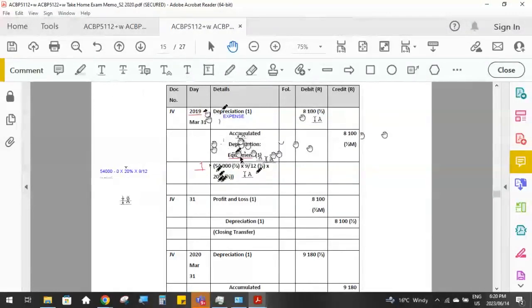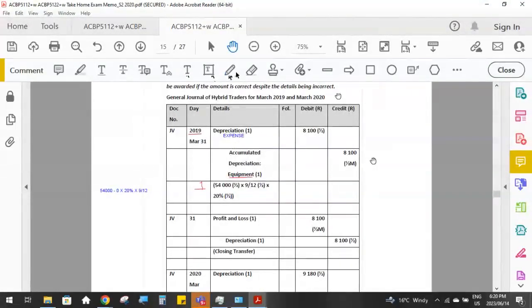You write down, and remember, because this is the general journal, very, very important. Excuse me, you must know that the format of the general journal is this one here, where we've got document, date, details, folio, and we've got one debit column and one credit column.